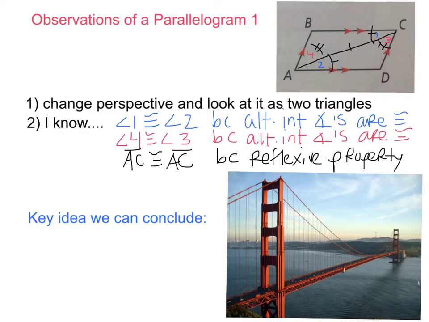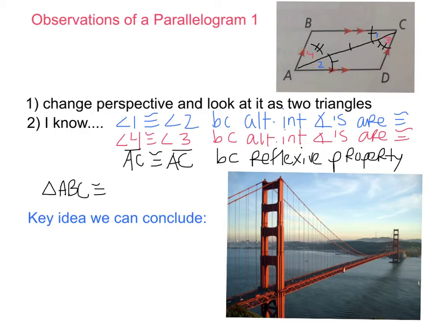That means right now I've just shown that this triangle up here and this triangle down here are congruent, and they're congruent by angle, side, angle.